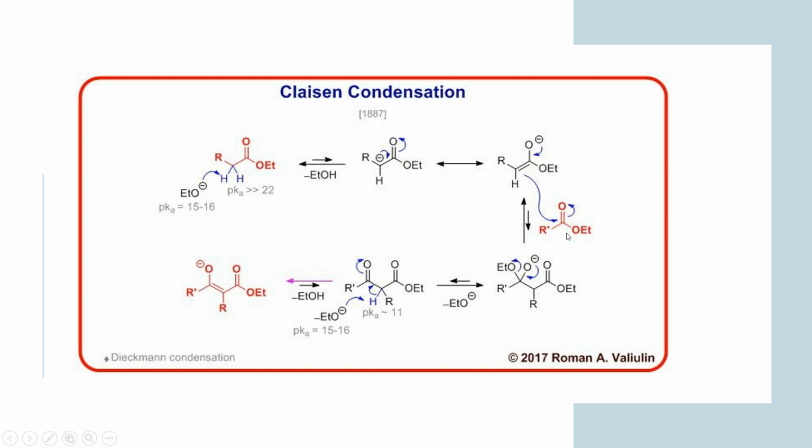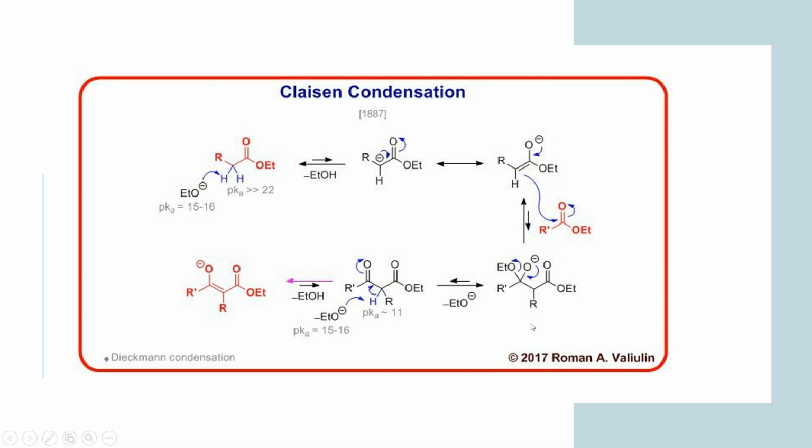When the enolate attacks at this electrophilic center, you have to push the shared electron pair of the carbon-oxygen double bond towards the more electronegative oxygen. Since you have already formed the carbon-carbon bond, you get this intermediate product.